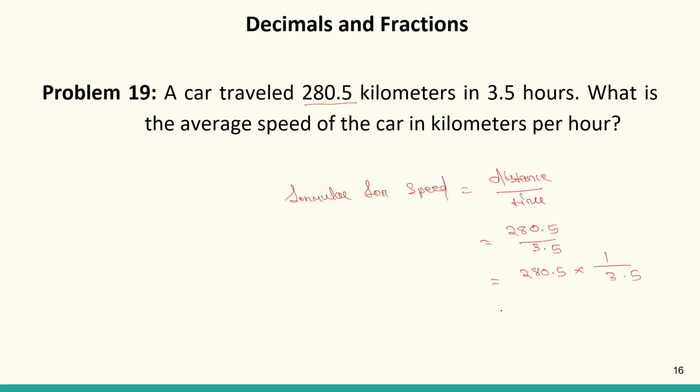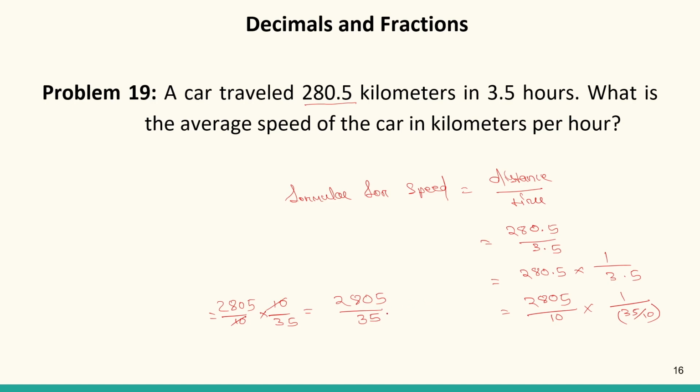So 2805 by 10, and we can write this as 1 by 35 by 10, right? So it becomes 2805 by 10 into 10 by 35. This cuts down, and what we get is 2805 by 35. This is the answer in kilometers per hour.